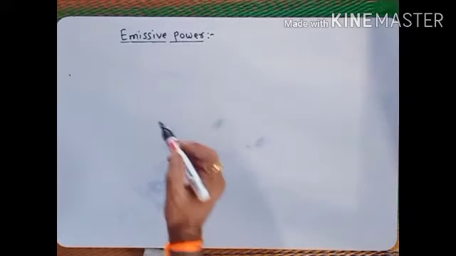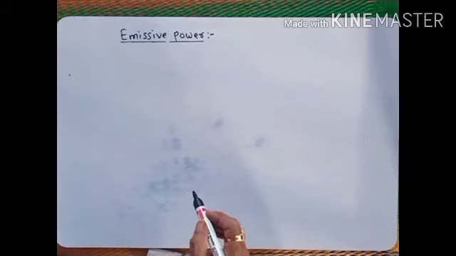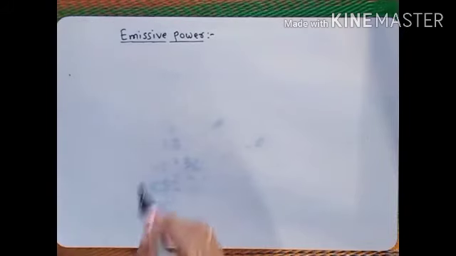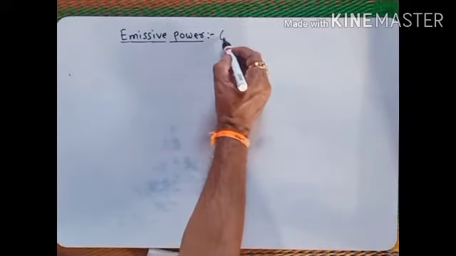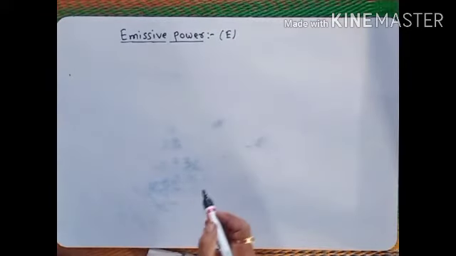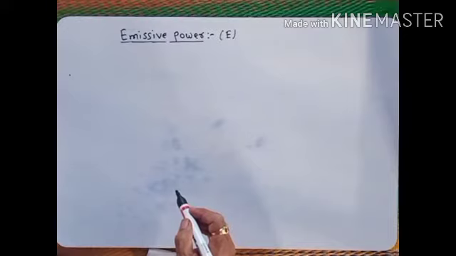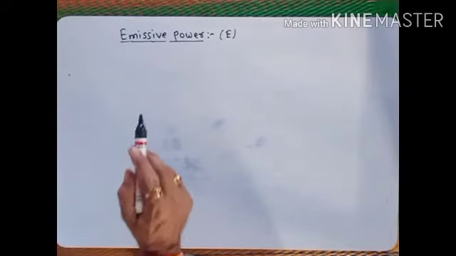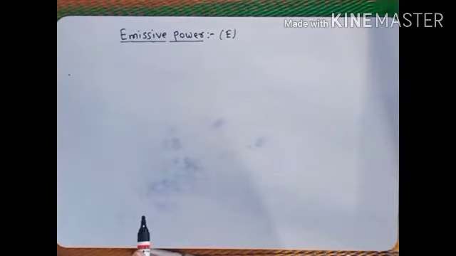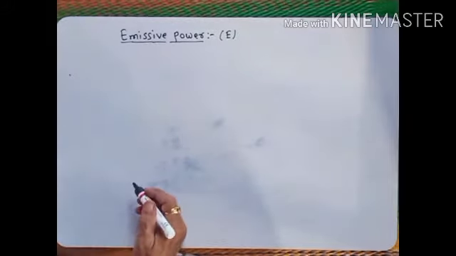The quantity of radiant energy emitted per unit time, per unit surface area of a body at a given temperature is called emissive power, E, at that temperature. I repeat again, the quantity of radiant energy emitted per unit time, per unit surface area of a body at a given temperature is called emissive power E at that temperature.